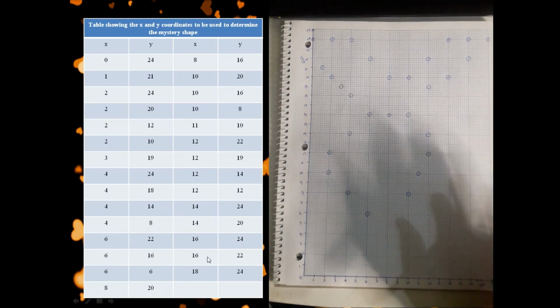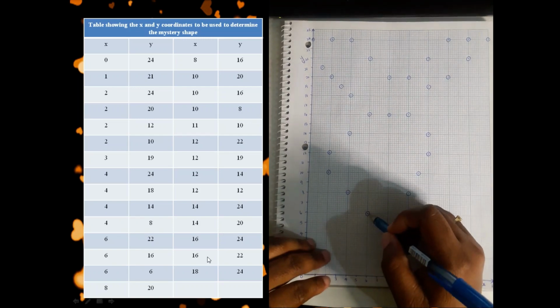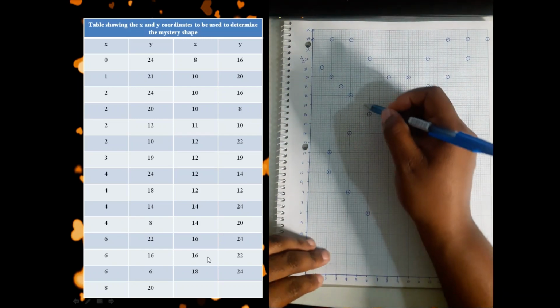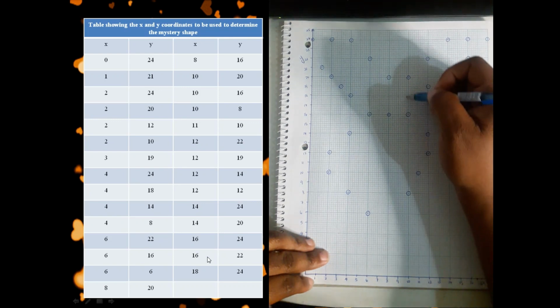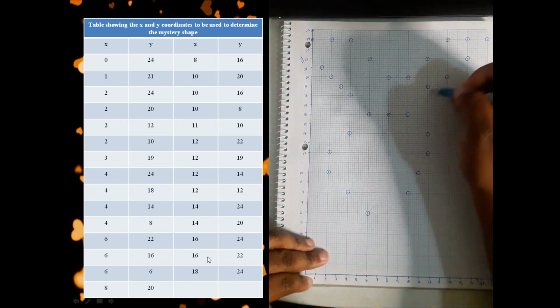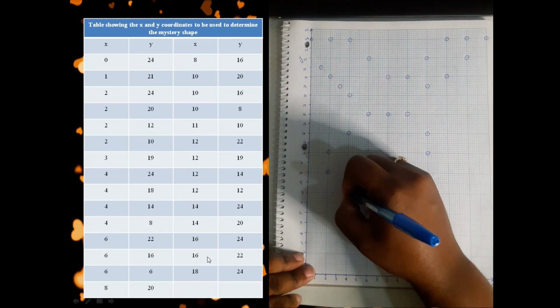So now, remember it was a table showing the x and y coordinates to be used to determine the mystery shape. To determine the mystery shape, you have to connect all the points in a continuous motion. All right, connect them, and then you see what the mystery shape is. So I'm gonna start.